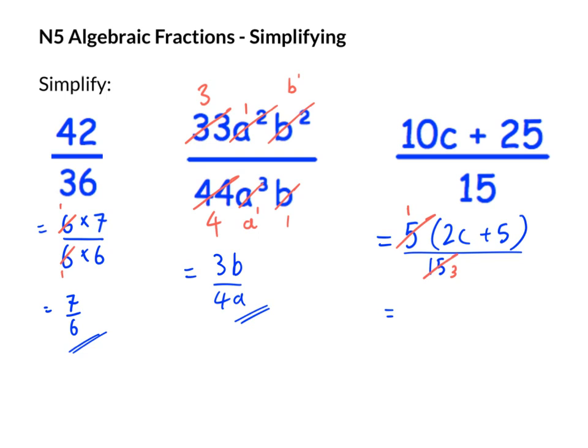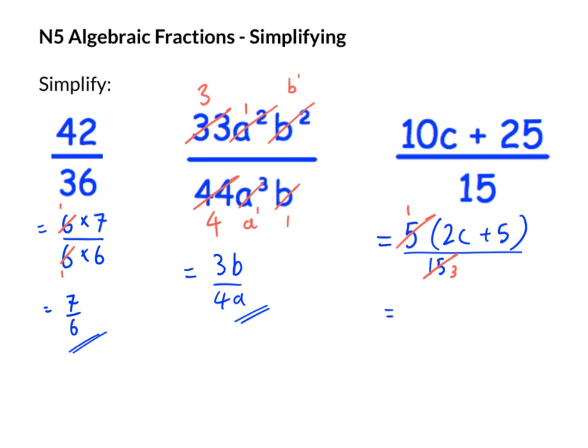Now, there is nothing that will cancel out this bracket. 2c plus 5 is a factor. The only thing that will cancel this out is if I had another 2c plus 5 on the bottom. So I've simplified it there.